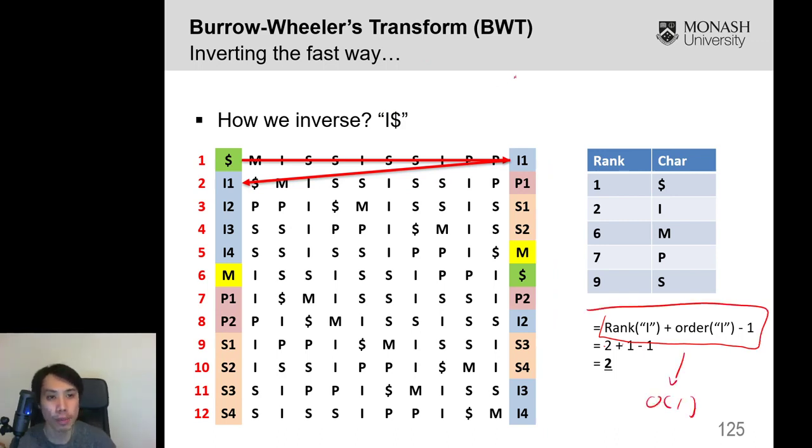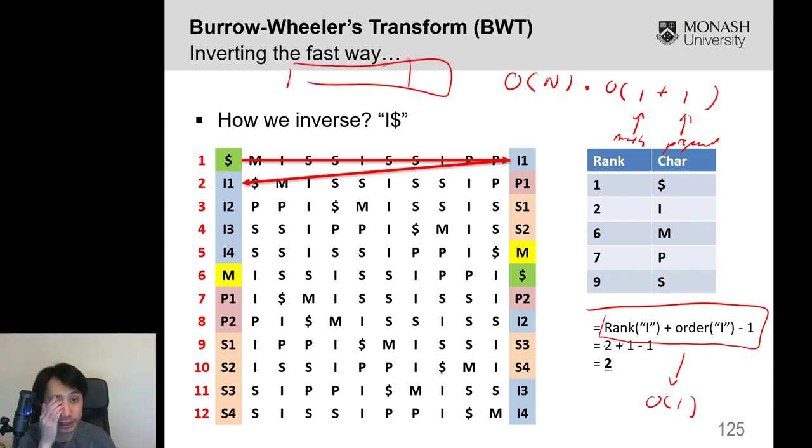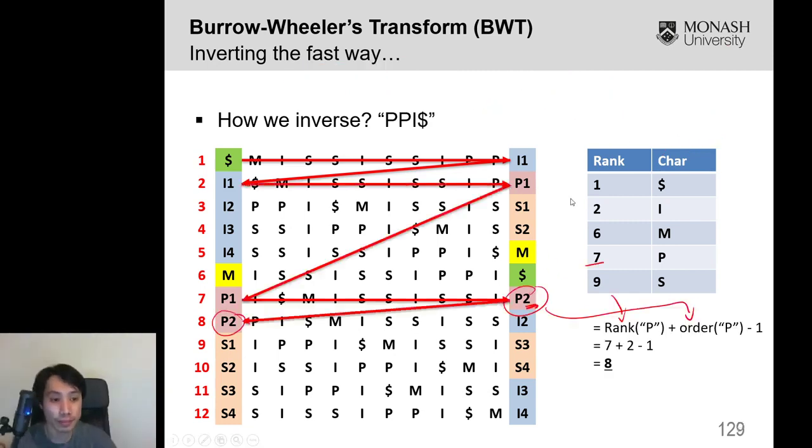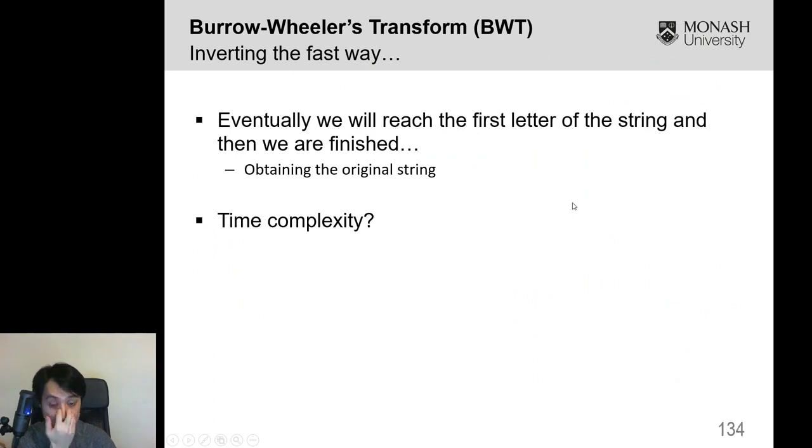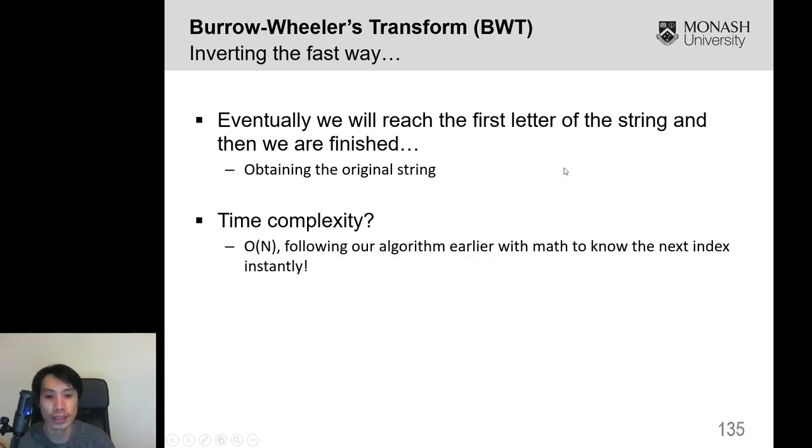So my complexity will be O of n multiplied by O of 1. This is my maths, plus 1, this is my prepend. Remember the prepend, we use an array and then we just put it in. So you realize my overall complexity is only O of n.